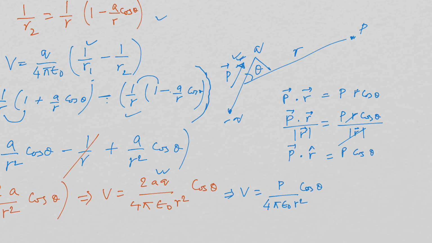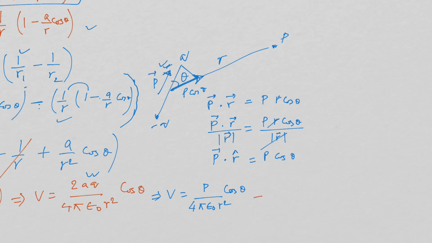So this projection of p on r will be p cos theta. Okay. From there we can write that our v is actually p cos theta, which is p dot vector r divided by 4 pi epsilon naught r square, and this is the potential due to an electric dipole at a point P.